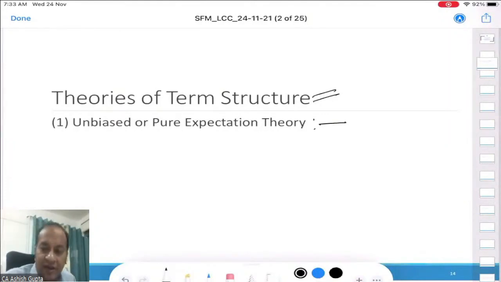According to this theory, it is the expectations of the investors that determine the shape of this yield curve. If investors are optimistic about the economy, then of course there will be growth, so they will say we expect more rate.